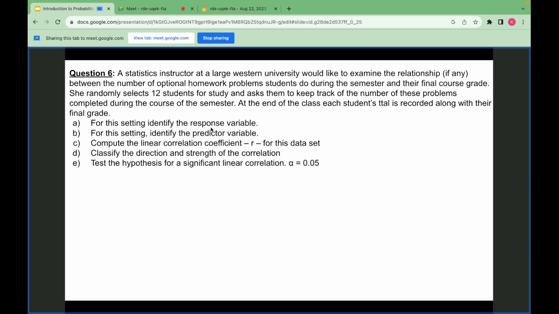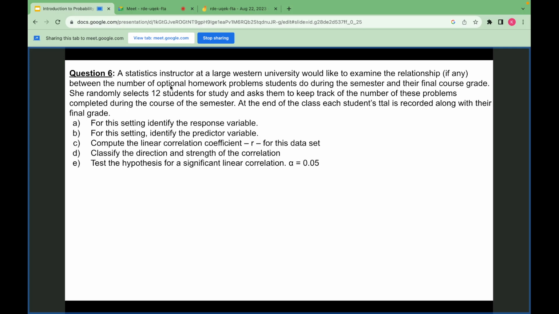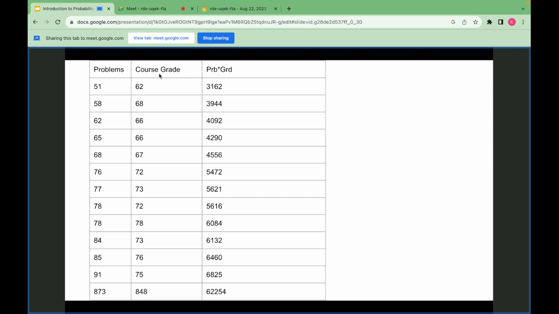Okay, response variable will be the dependent variable. So here the response variable will be course grade. We want to see how the number of problems people solve influences their course grade.